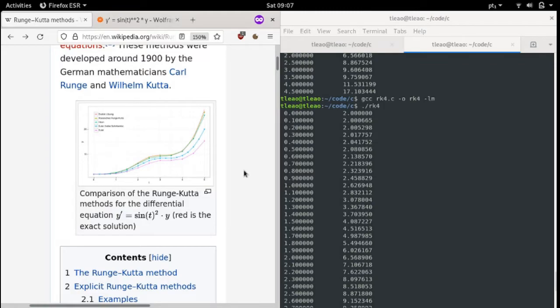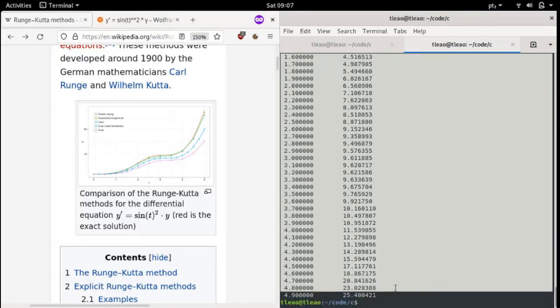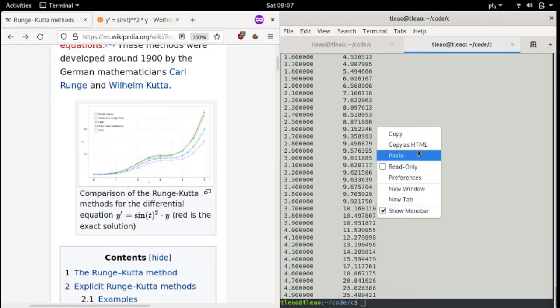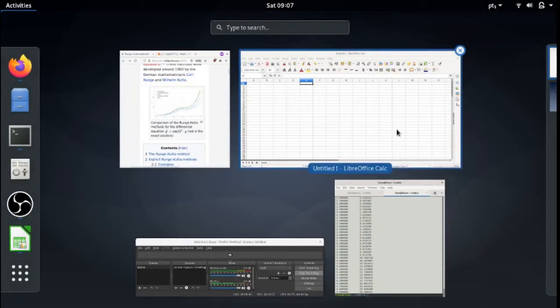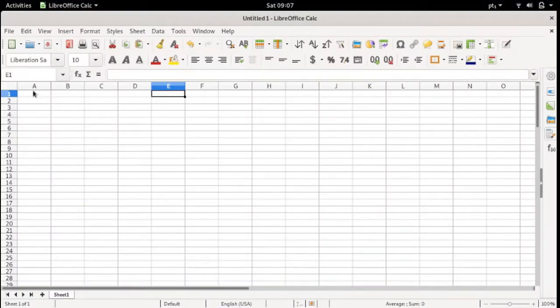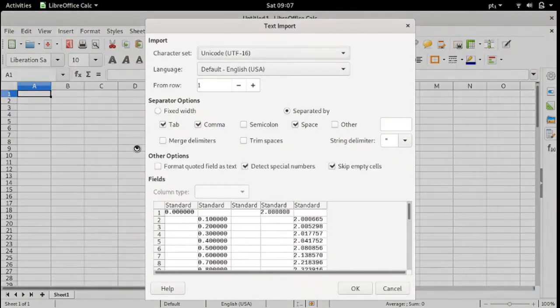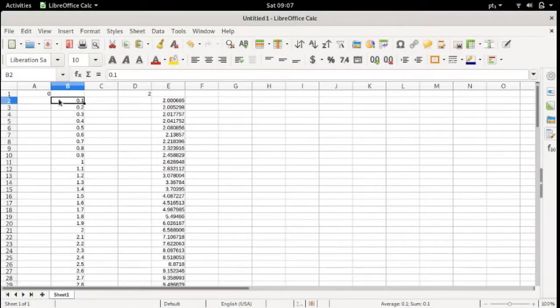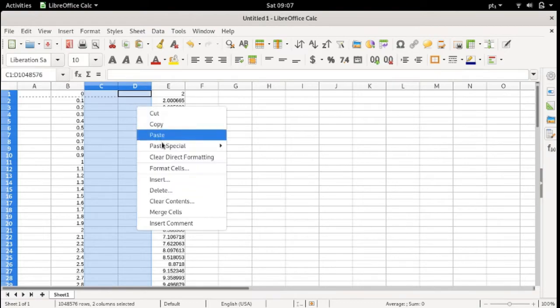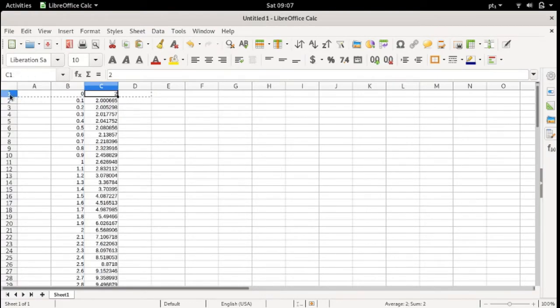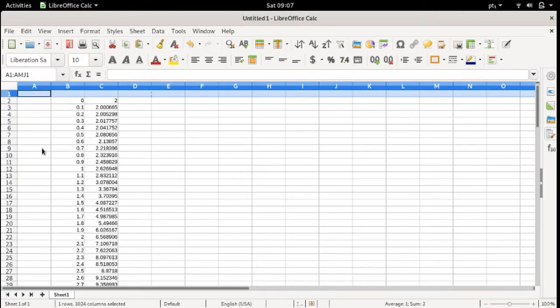Okay, so I'm going to copy this here. Instead of writing code for plotting right now, I'm just going to put it in a worksheet here. Okay, let's just import this. I'm going to put those two here. Delete this here. Include a row here.